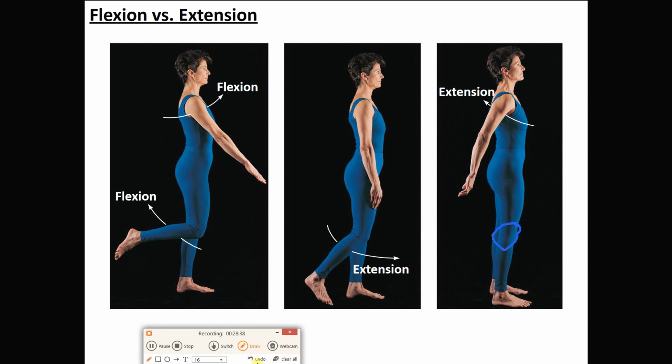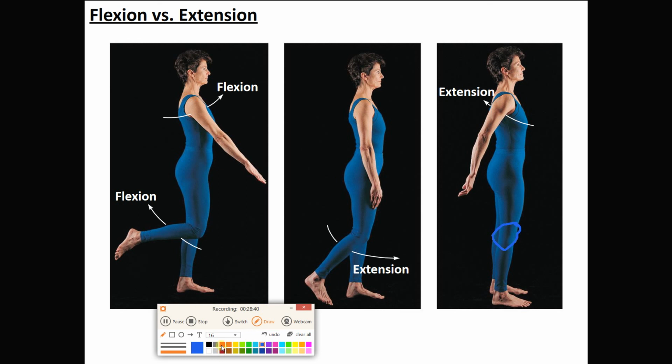But once she flexes that knee, the angle here has decreased. That's flexion. If she brings her leg back forward, the joint angle is going to come closer back to that 180. That's extension. So flexion is a decrease, and extension is an increase of that joint angle.